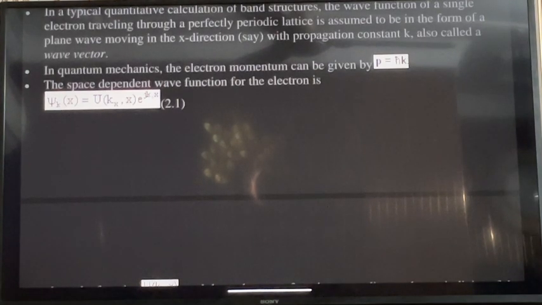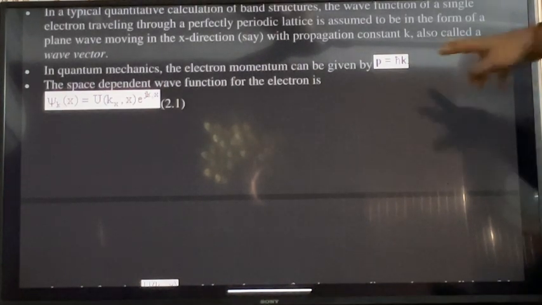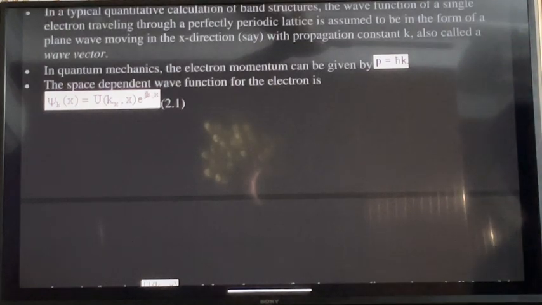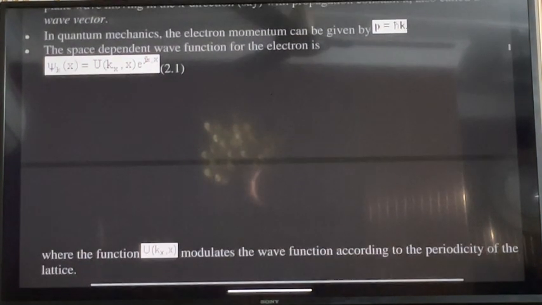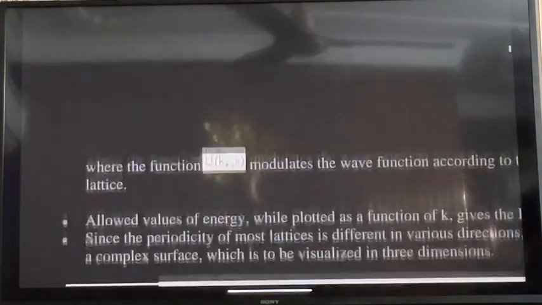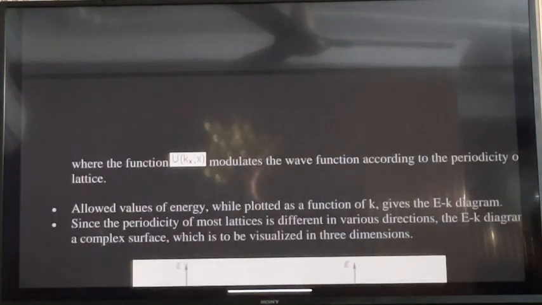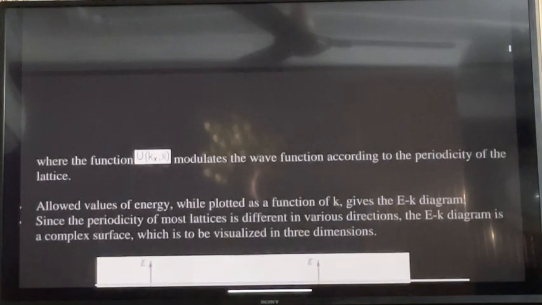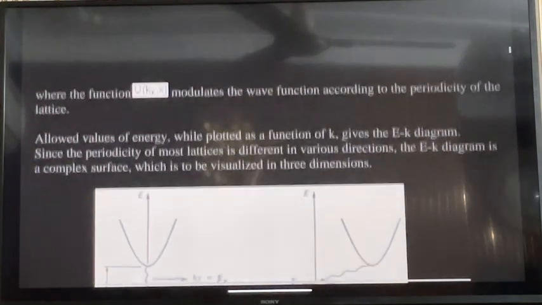So this is the equation for the momentum of an electron moving through a solid. The space dependent wave function can be given like this, and we will come to why it is important, where u_k(x) modulates the wave function according to the periodicity of the lattice.